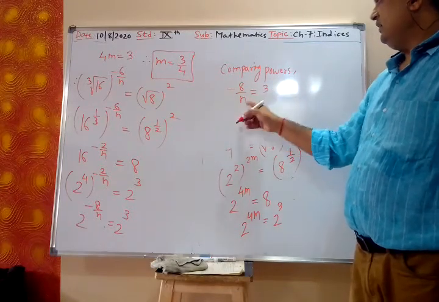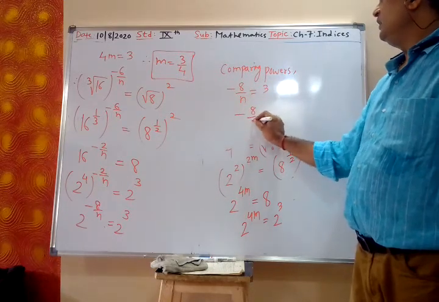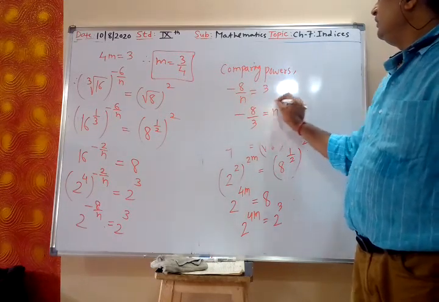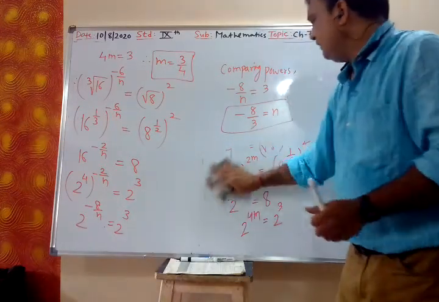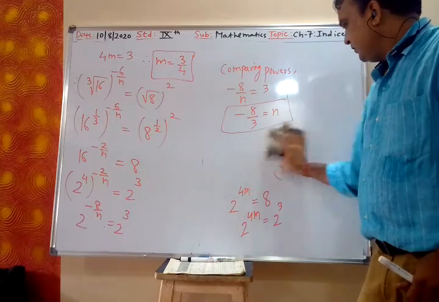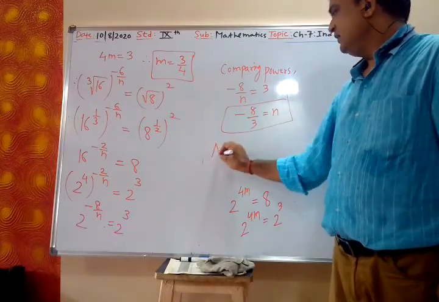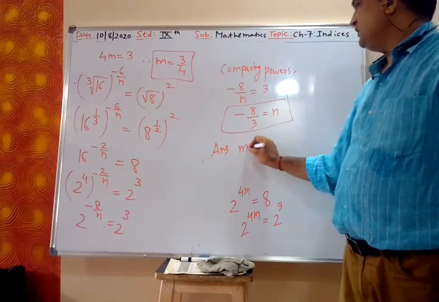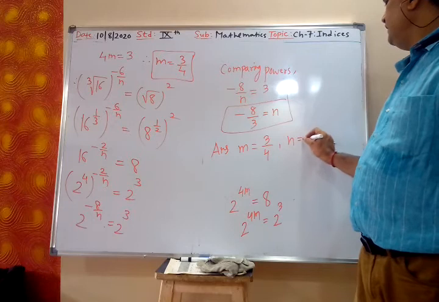So I will take this 3 in the denominator and n in the numerator. Minus 8 by 3 is equal to n. N is minus 8 upon 3, that is the correct answer. It was asked to find the value of m and n. So n we have found. So finally we write our answer that m is 3 by 4 and n is minus 8 by 3.